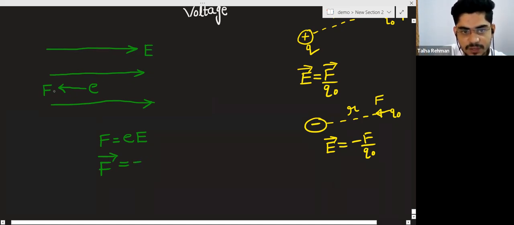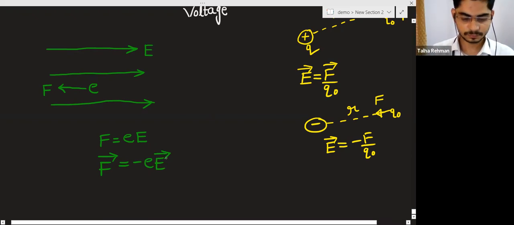The force and electric field are in opposite directions, so we will write this as equation 2.